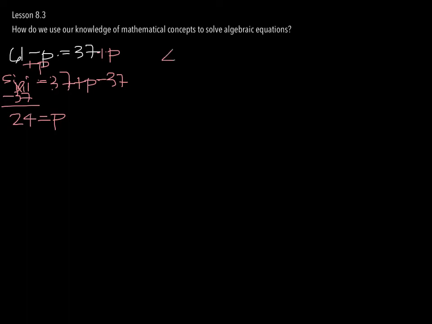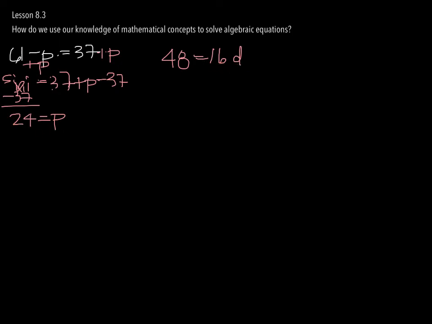48 is equal to 16d. Again, we want to isolate the variable so the variable's on one side. Remember, the variable is the letter and the numbers are on the other side. So remember, we want to think about the opposite operation. Here we subtracted, and the opposite of subtract is add, and then we subtracted to get 24 equals p.